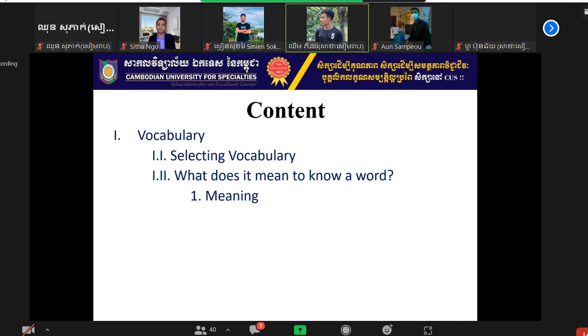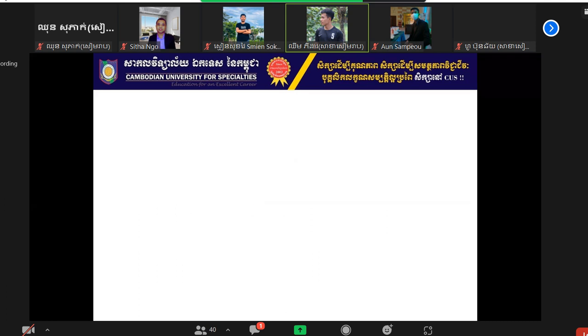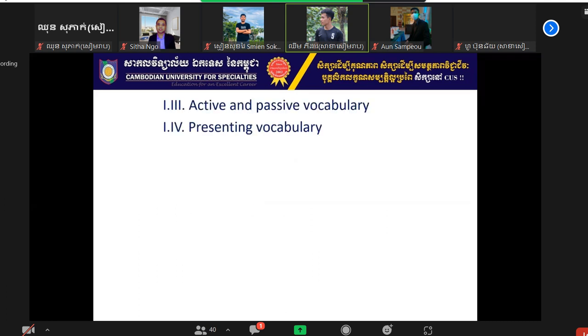Above that, we have 6 main points: 1, meaning; 2, use; 3, word formation; 4, spelling; 5, word grammar; and the last is phonology. And the next are active and passive vocabulary, presenting vocabulary, and the last is using dictionaries.